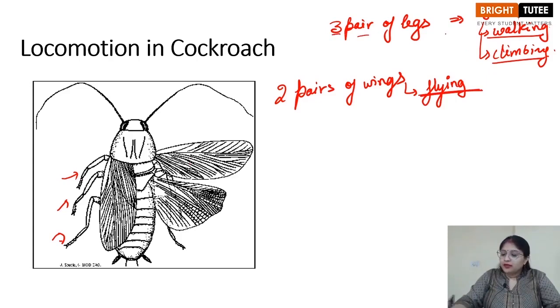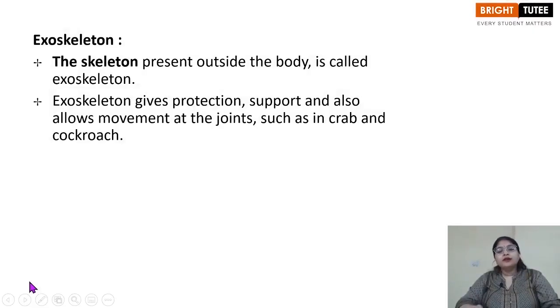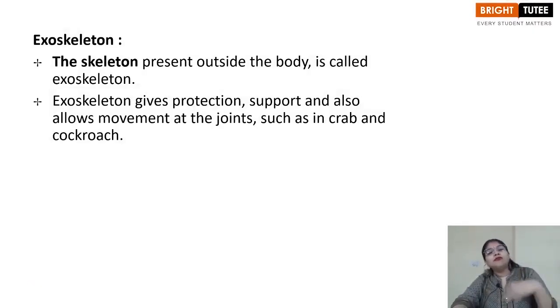So these 3 pairs of legs help in walking, whereas the 2 pairs of wings help in flying. So in this way we see how different types of movements are seen in a cockroach, and what the organs are which help them in the same.